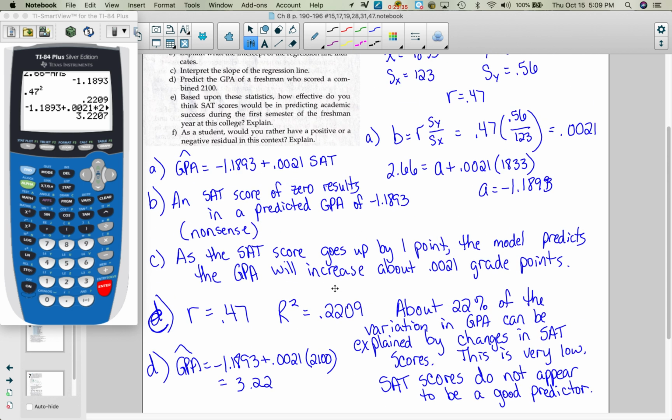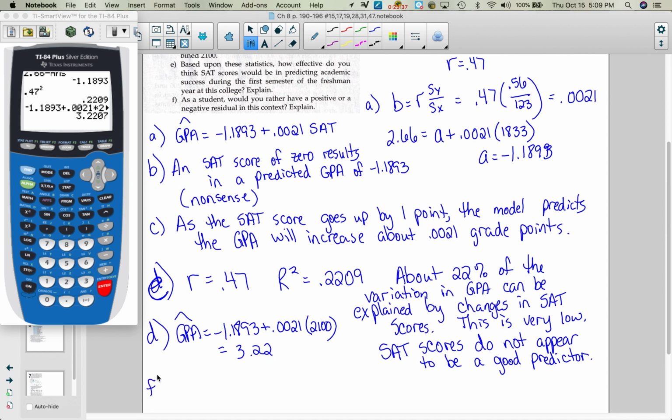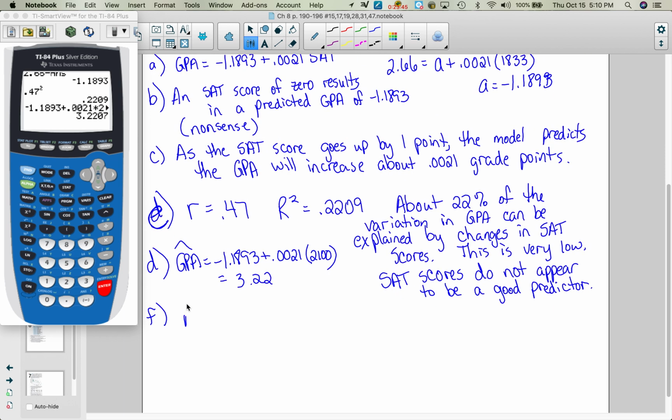All right, so then part F. As a student, would you rather have a positive or a negative residual in this context? Okay, so let's think about residual. Residual is observed minus predicted.